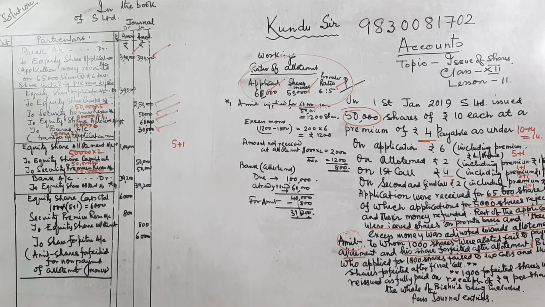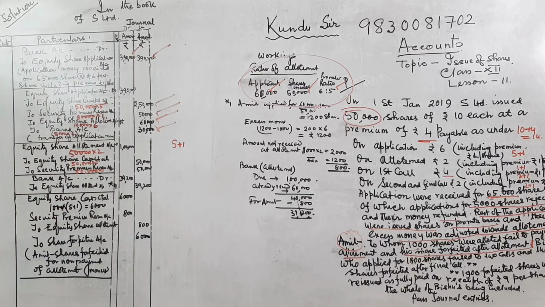The entry is: equity share application account debit to equity share capital 50,000 into 5, security premium reserve 50,000 into 1, equity share allotment account for the excess application money, as we allotted 50,000 shares on the basis of 60,000 applications, and to bank account 30,000 refund. Pro rata is calculated here.